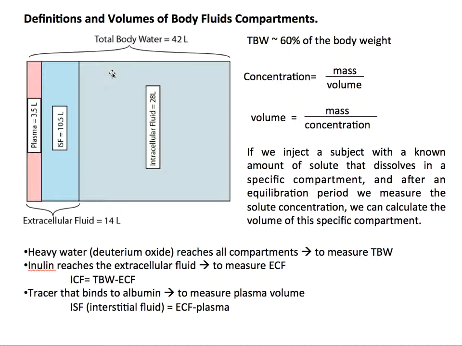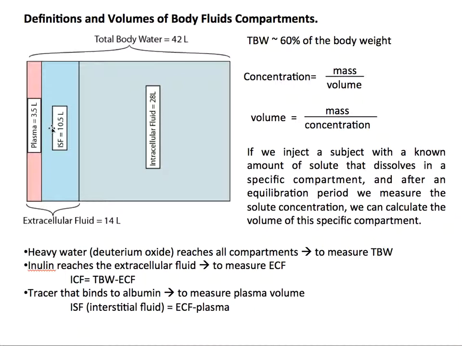If you want to memorize these values, the easiest way to do it is by remembering 60, 40, 20. So 60% of your total body weight is going to be your total body water. 40% of your entire body weight is going to be intracellular fluid, ICF. And then 20% of your total body weight is going to be your ECF.